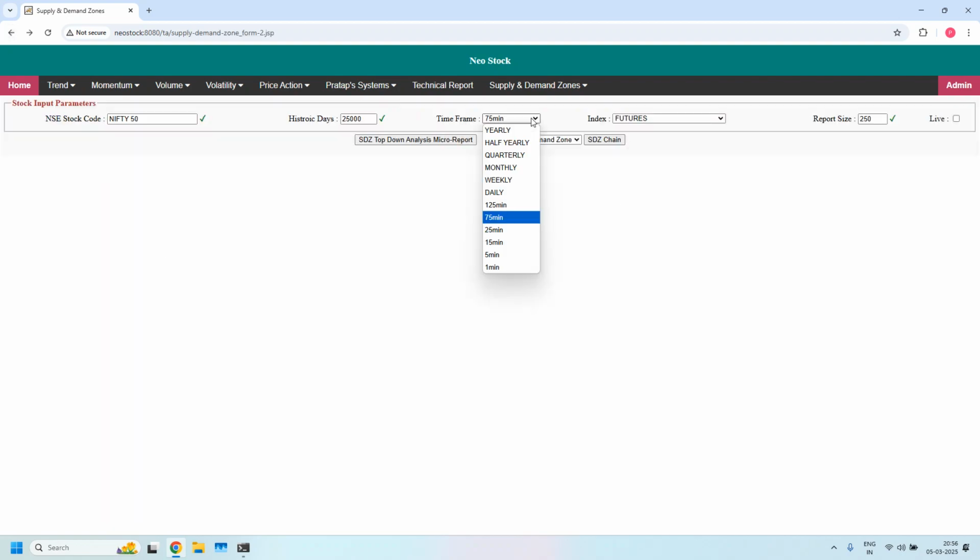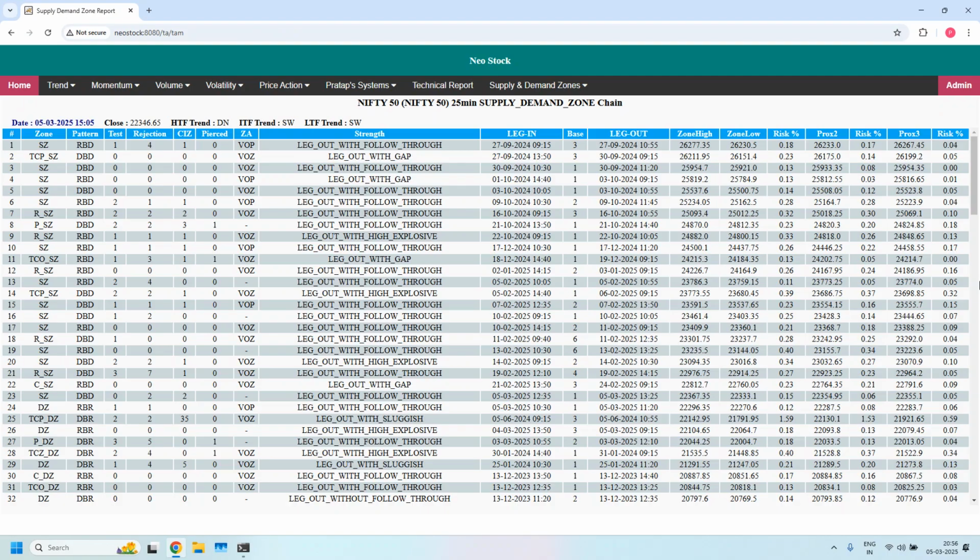Next, 25 minutes supply demand zone chain for Nifty. So this is the nearest demand zone for the closing price.